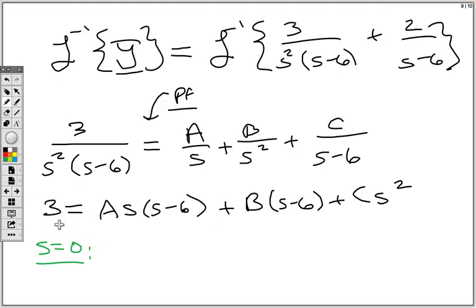So once again, on the left-hand side, you plug in s equals 0, you're just going to get 3. But on the right-hand side, you're going to zero out the first term and the last term. You'll just be left with B times 0 minus 6. So what's that get us for B then?